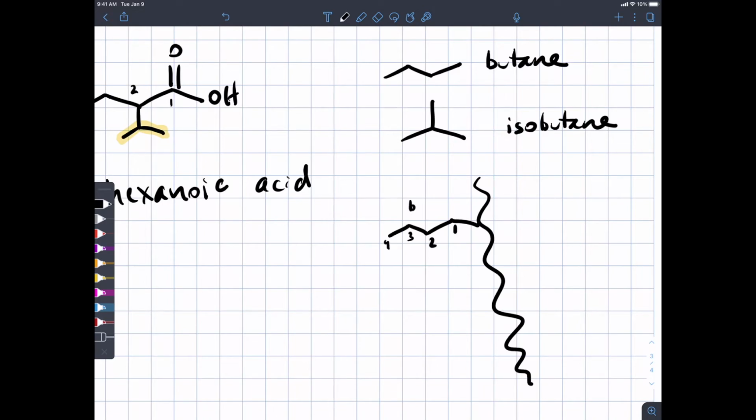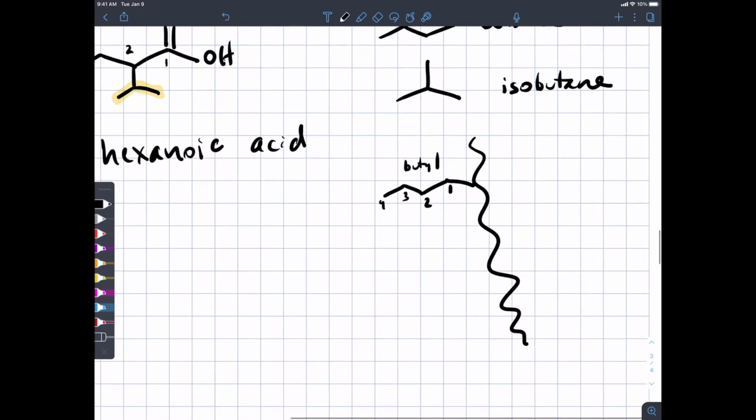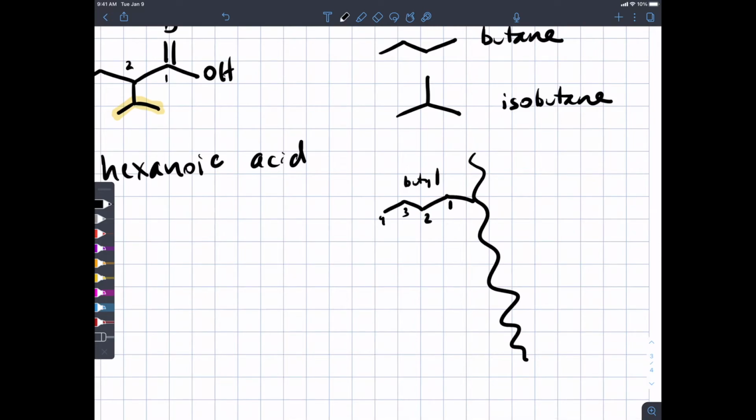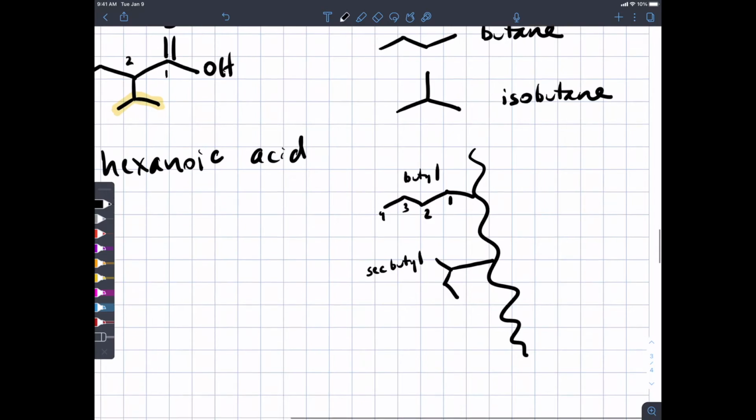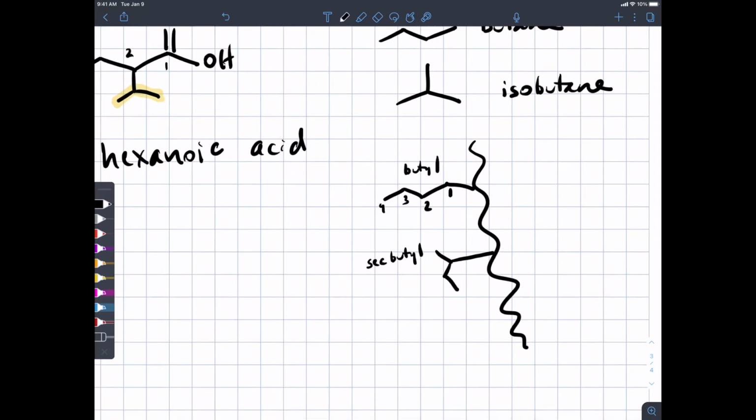This would be called a butyl group, but if it were the same 4-carbon chain but attached via the carbon 2, we would call that a sec-butyl group. And if we instead attached isobutane, we would call that an isobutyl group.